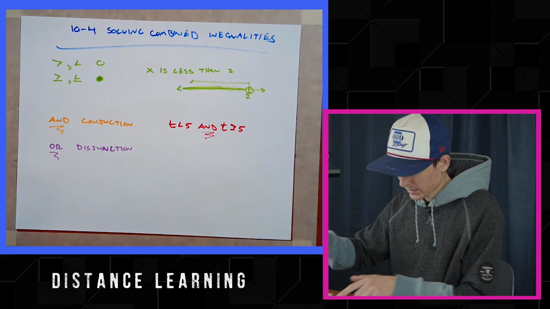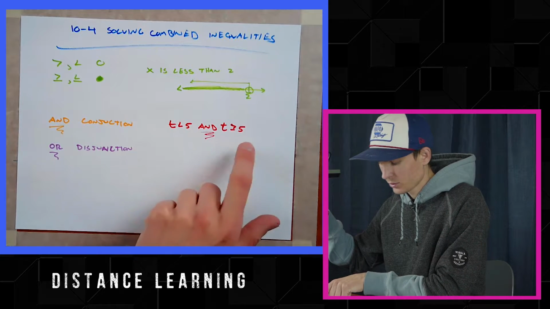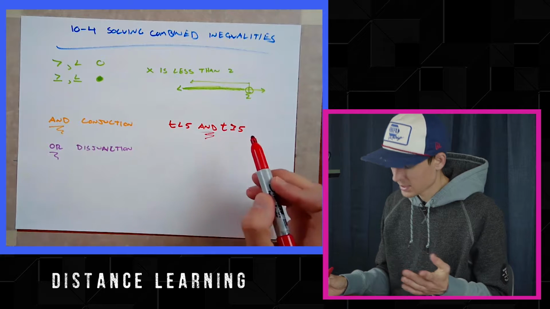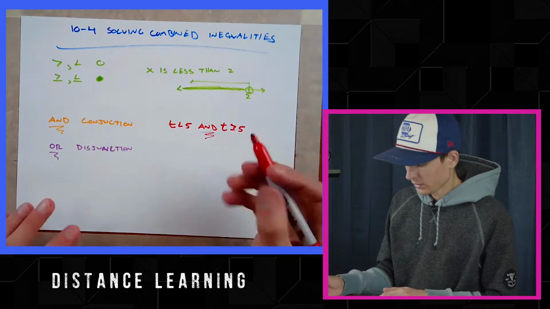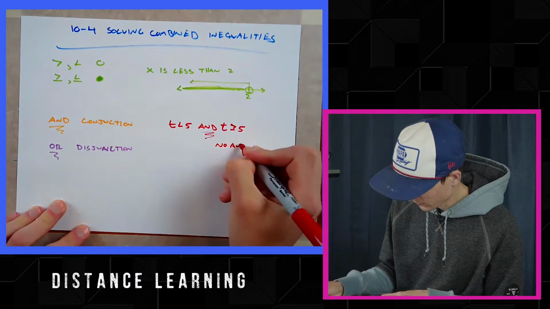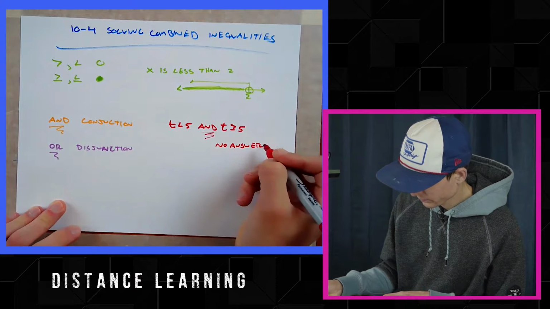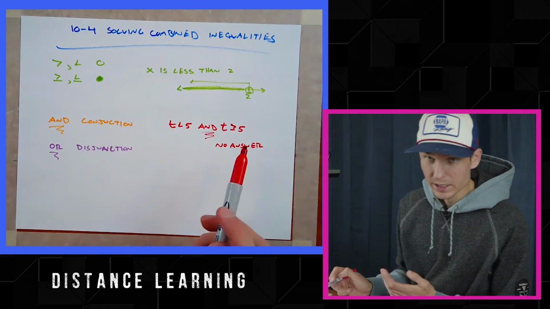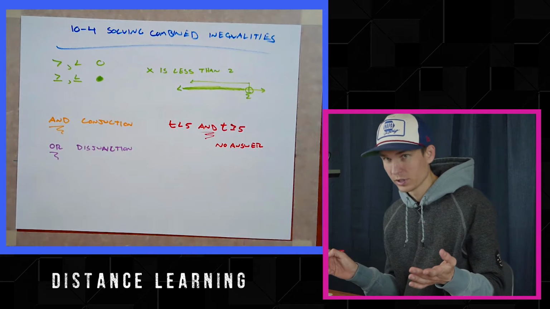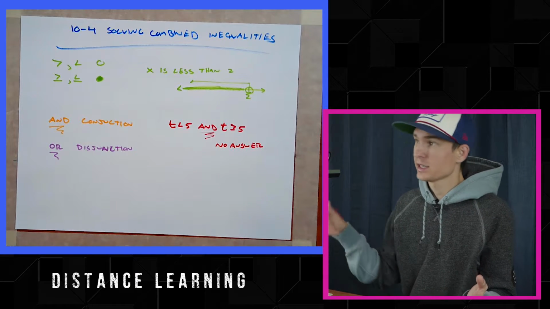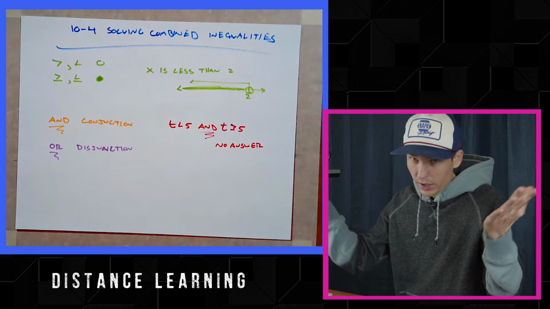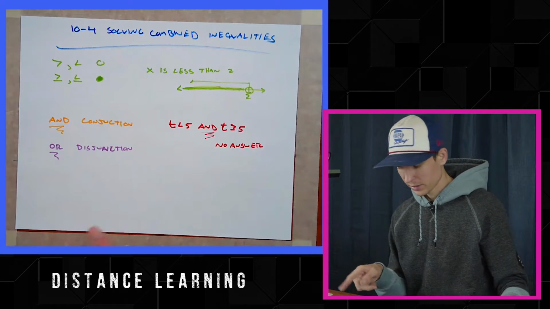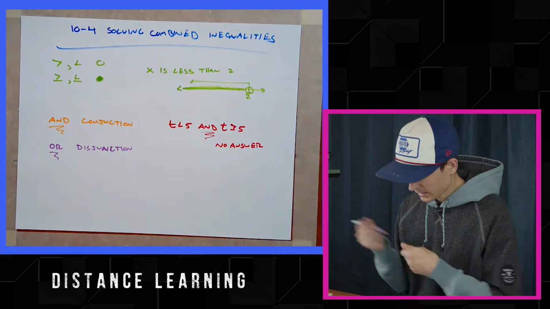So like 5, that's not less than 5. It is greater than or equal to 5, but it doesn't meet that requirement. 4 is less than 5, but it's not greater than or equal to 5. So there is no answer to this one. Not every conjunction has no answer. There will be conjunctions where there are answers, like greater than 3 but less than 5: 4. So there are conjunctions that work. This one just doesn't work.